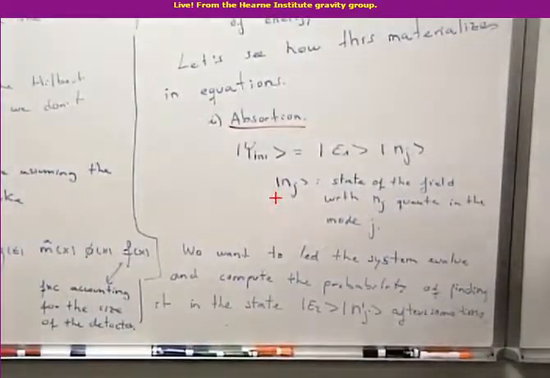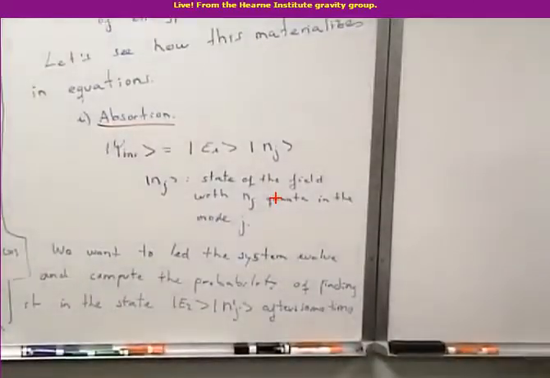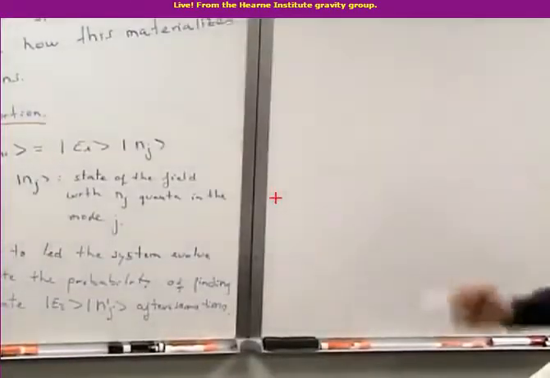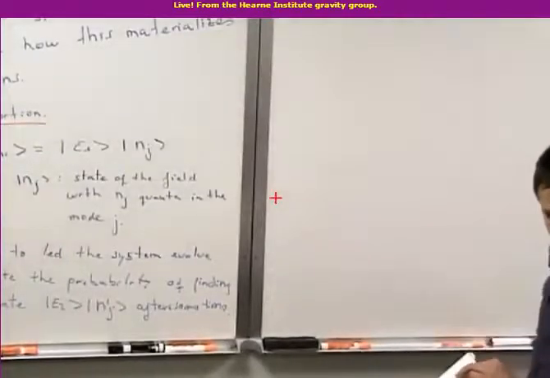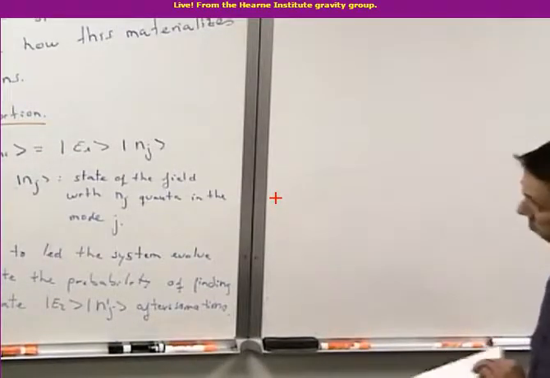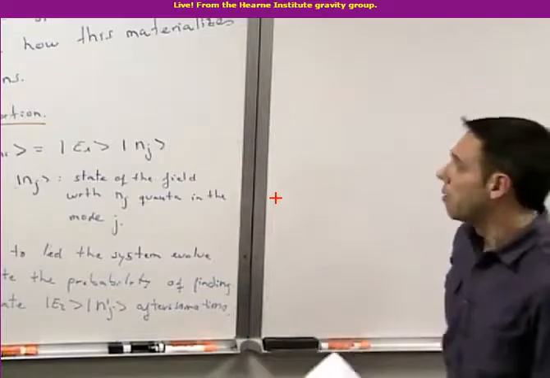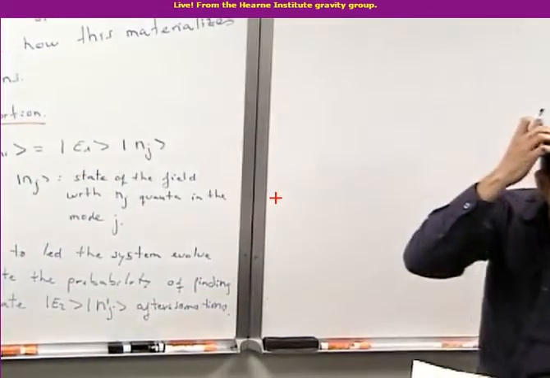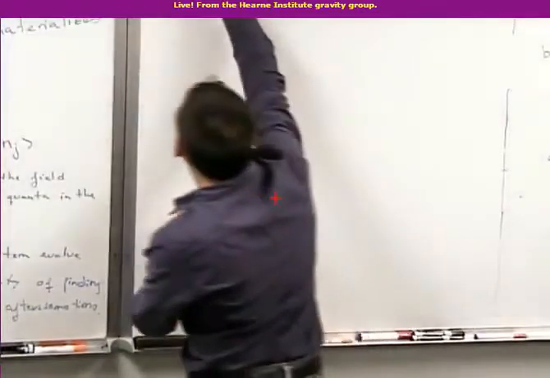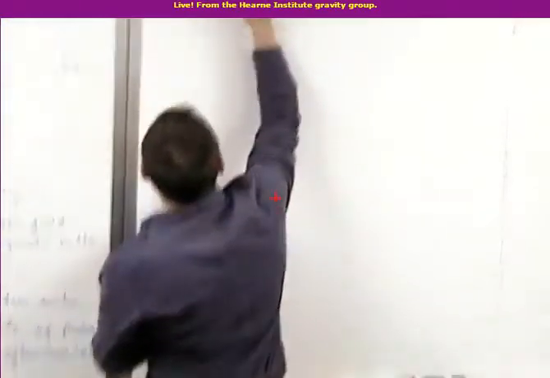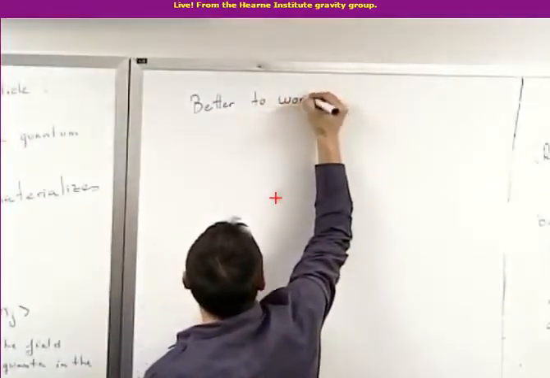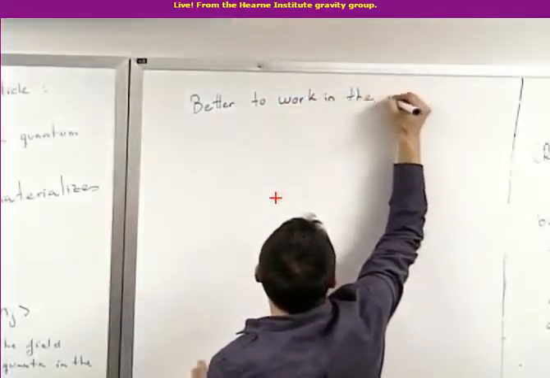If you know quantum mechanics, you know how to do this. Any guess? We just evolve it influenced by the Hamiltonian. Right. So every time we have a Hamiltonian, it's easier to work in the interaction picture.